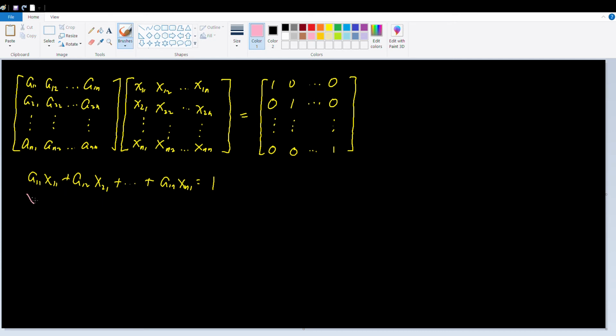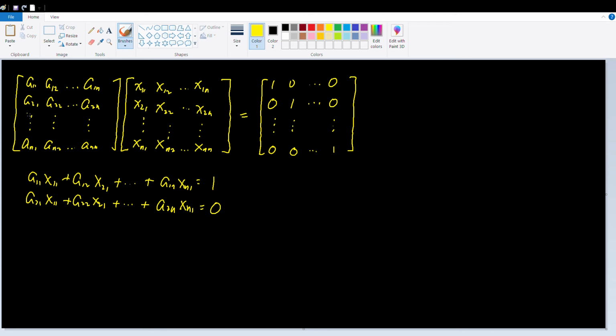So A21 X11 plus A22 X21, until A2n Xn1 equal to 0.